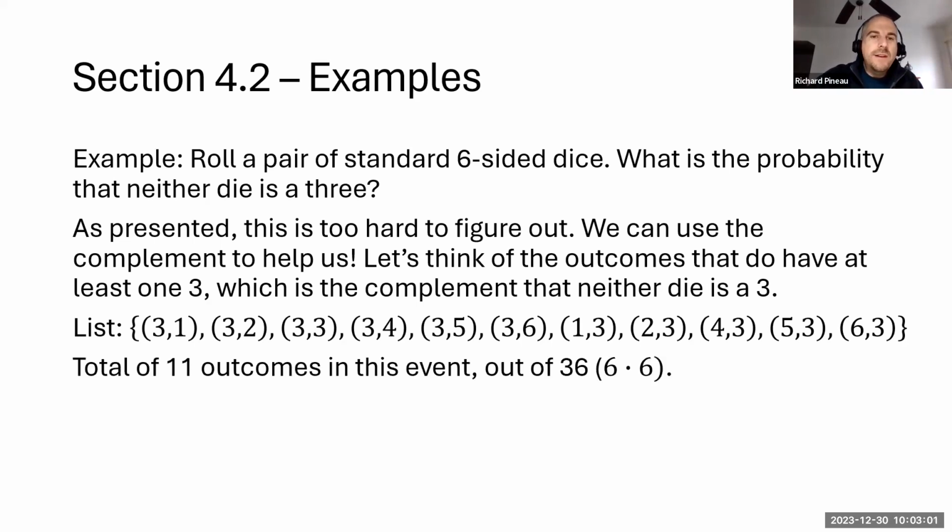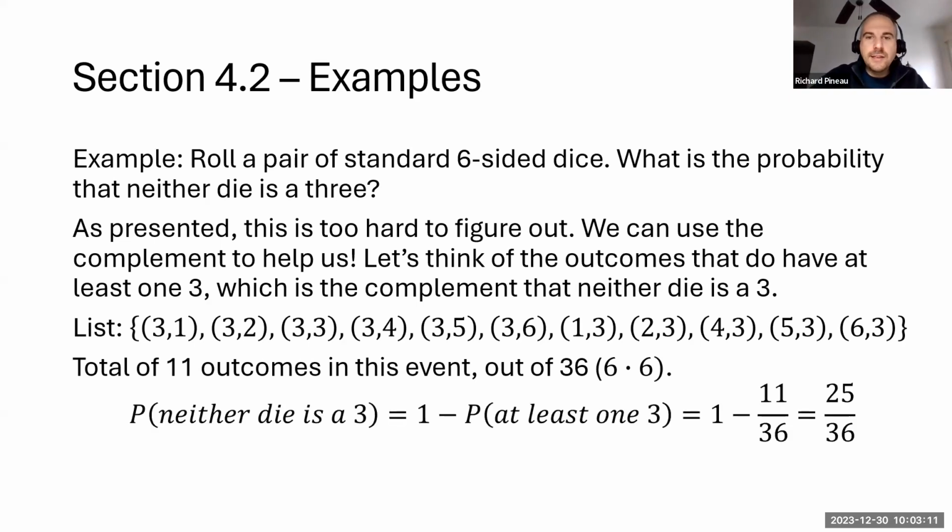We know that in this particular event, we have 36 total pairs, and that should be obvious because a die has 6 sides and we have 2 of them: 6 times 6 is 36. So the probability that at least one of the dice is a 3 is 11 out of 36. Using the complement, we take 1 minus 11 out of 36, and we get 25 out of 36. That would be the probability that neither die is a 3.